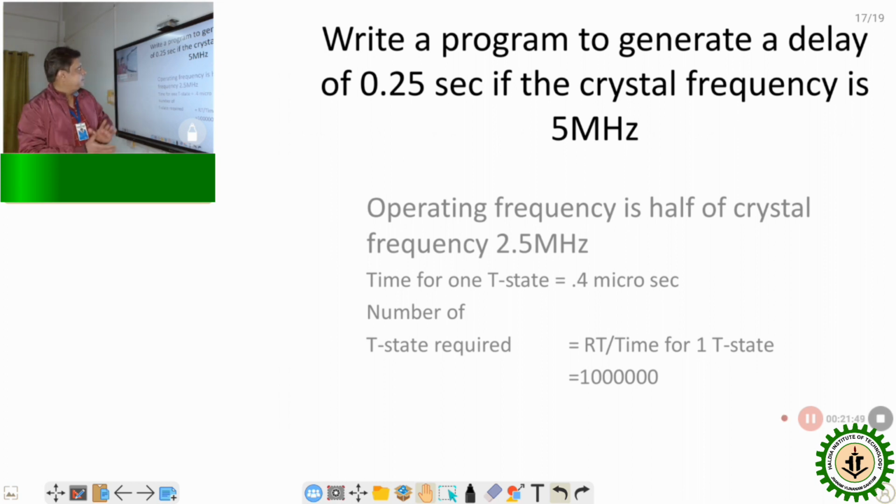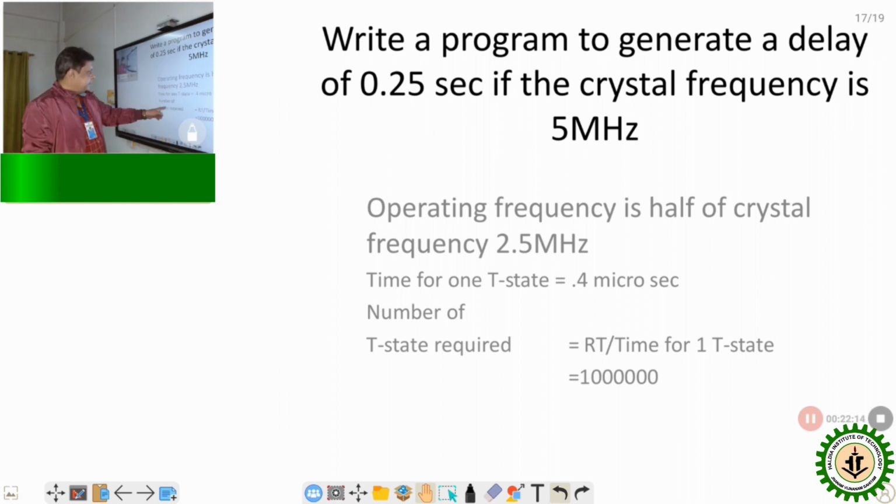Now, is it possible for a practical 8085 microprocessor to give us a delay of the order of seconds, say 0.25 seconds, with a clock frequency of 5 megahertz? Clock frequency of 5 megahertz means the working frequency, or inside frequency, will be half. That is, it will be 2.5 megahertz. So one T state will be 0.4 microseconds.